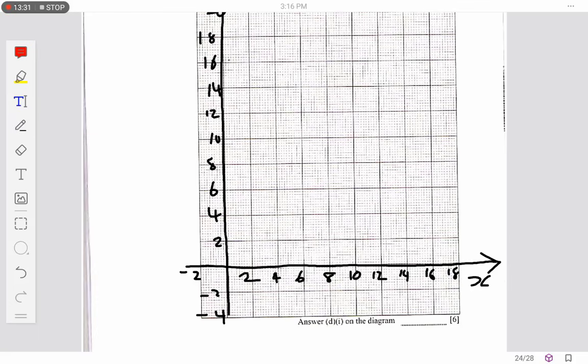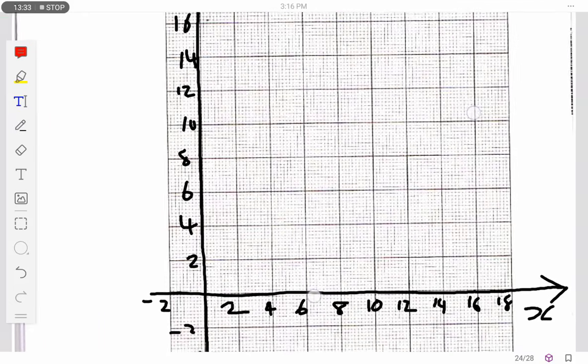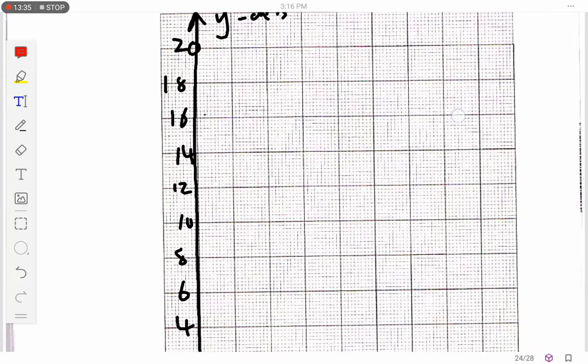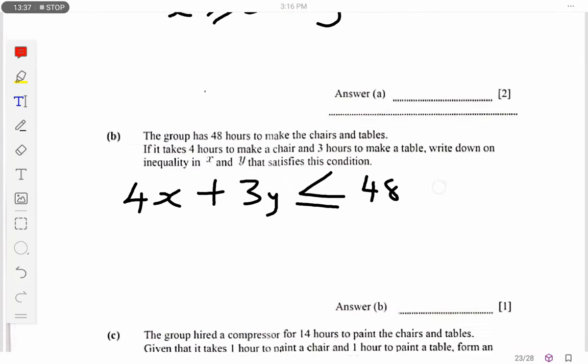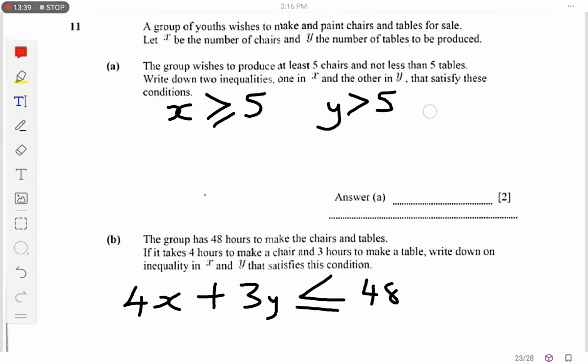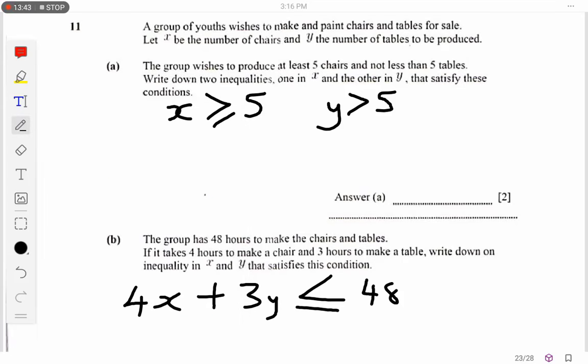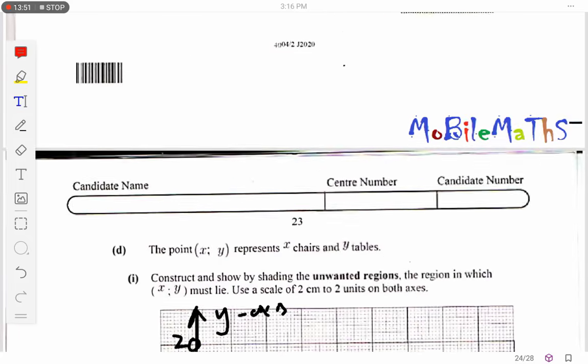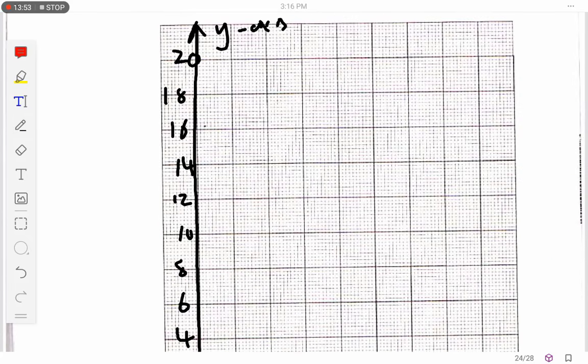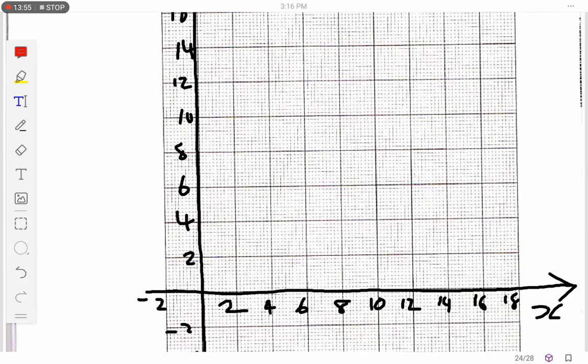Okay, fine. Now let's draw the graphs. For the first one we had x is greater than 5. When it is like this, it's bold. When it is like this, it's dotted, it's broken. So let's draw the first one, x is greater or equal to 5.